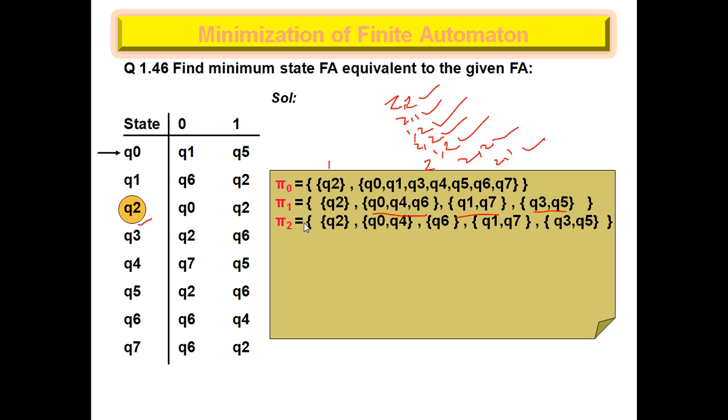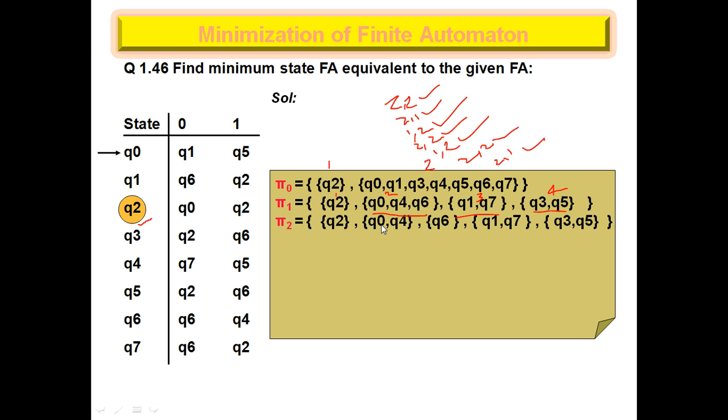Now see how we construct pi 2 by considering pi 1 itself. Remember, pi 2 is always constructed using pi 1, not pi 0. So we write the states again and number the groups 1, 2, 3 and 4.